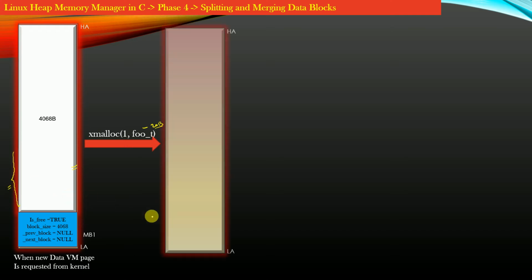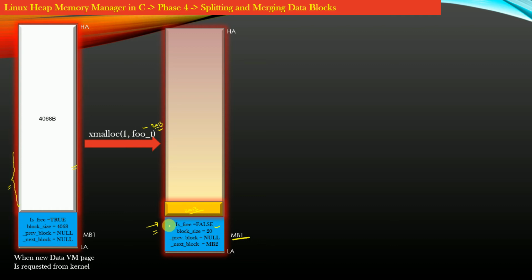So I am now drawing a second diagram of the same virtual memory page. But now this will be the snapshot of the virtual memory page after our Linux Memory Manager has satisfied the request of 20 bytes of the application. You can see that the same meta block is now updated as per the 20 byte data block whose guardian it is now.